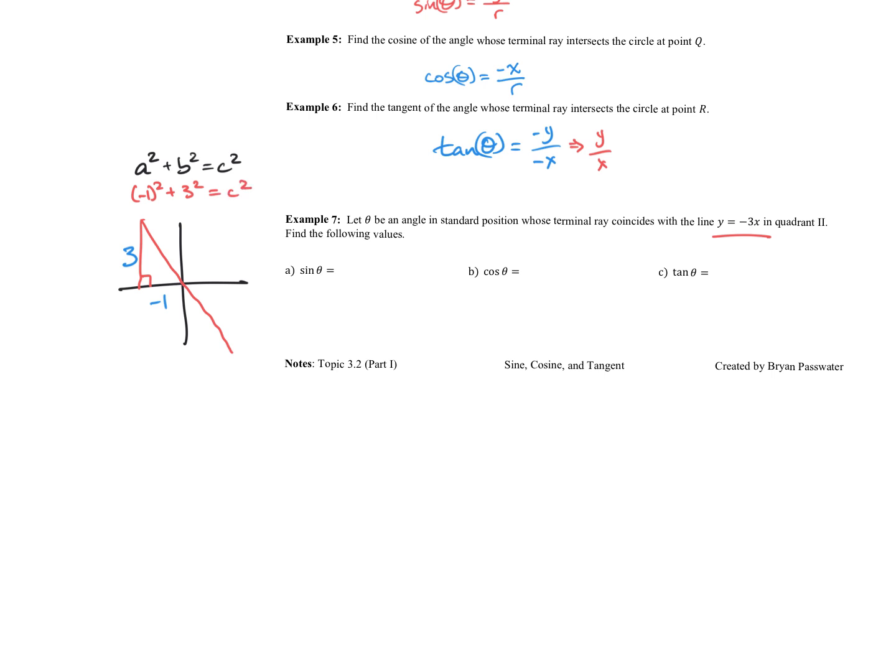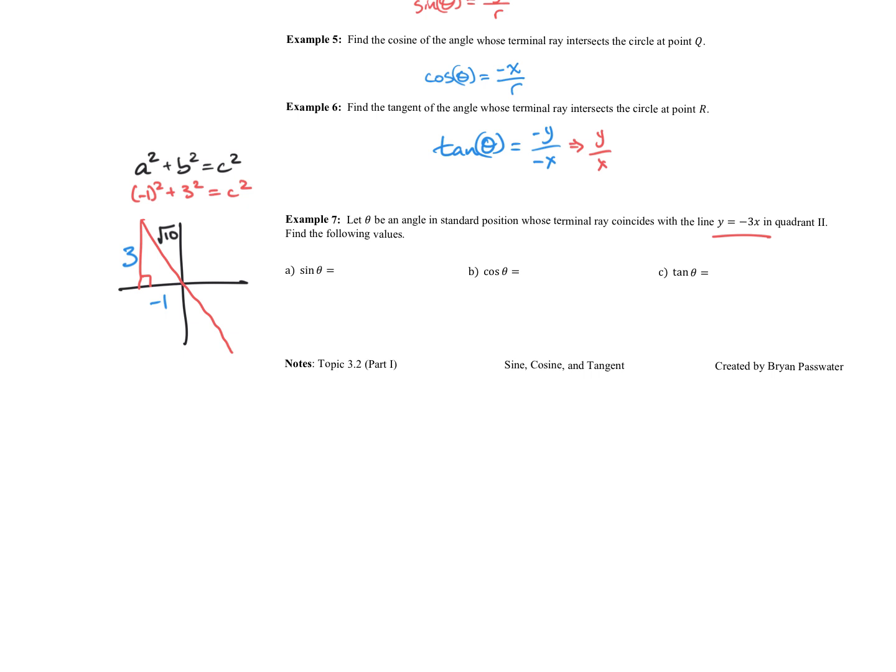Negative 1 squared is 1, 3 squared is 9. So I have 1 plus 9, which is 10. And then I want to square root it. So c is equal to square root 10. All right. And so that's the triangle that I'm going to draw.